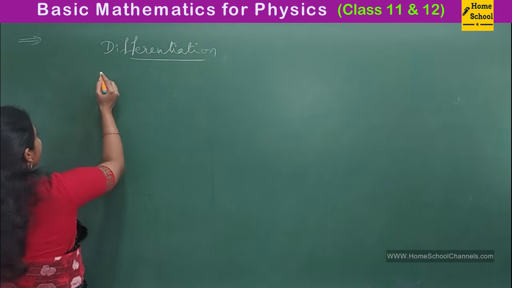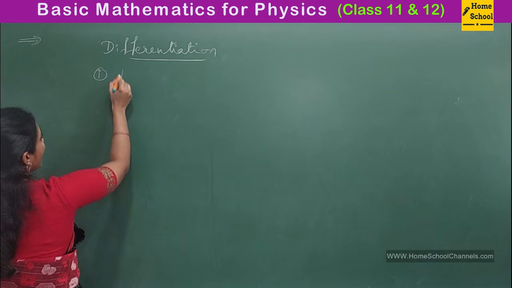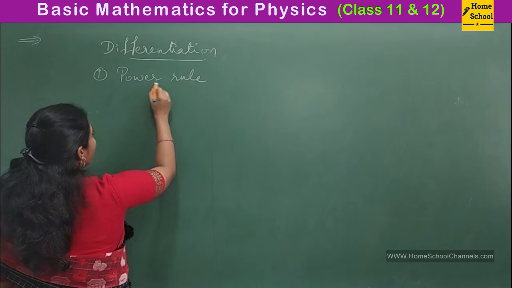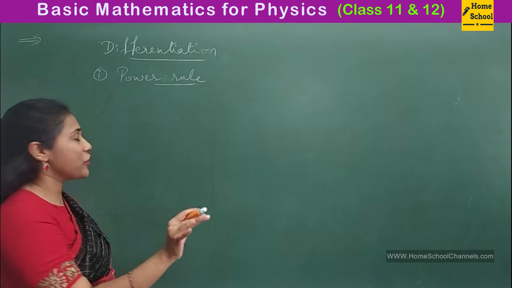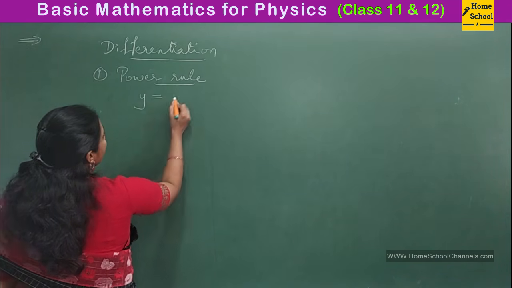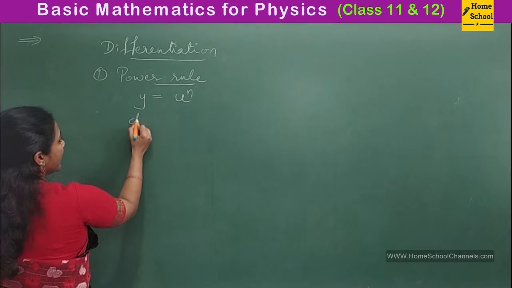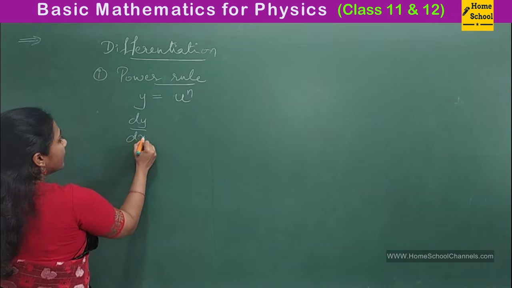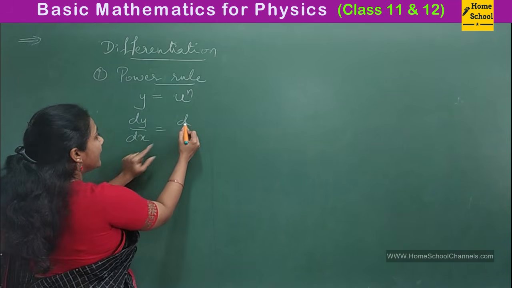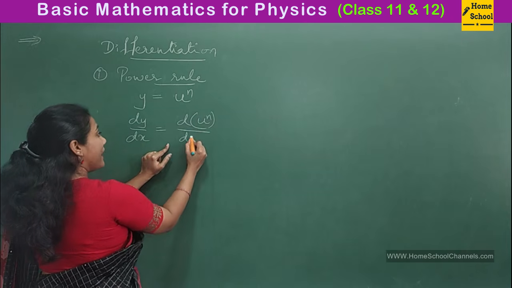See guys, first and foremost, the first basic formula is the power rule. When you have some polynomial function, for example, y is equal to u to the power n, and you want to differentiate dy by dx, that means you are differentiating u to the power n with respect to x.